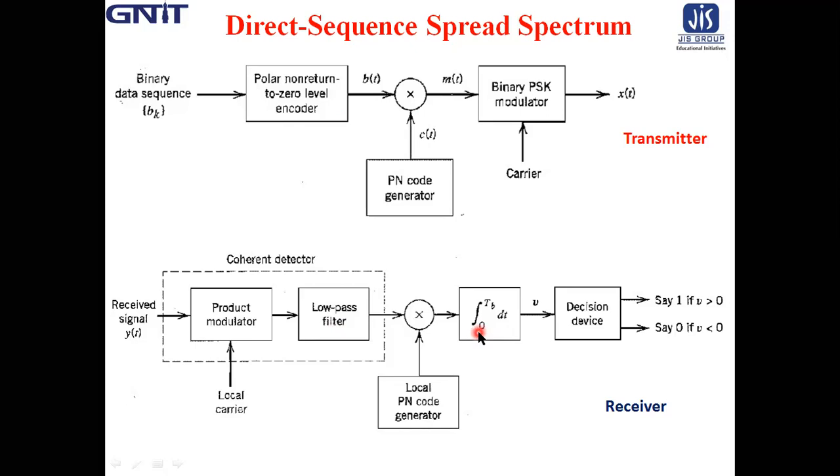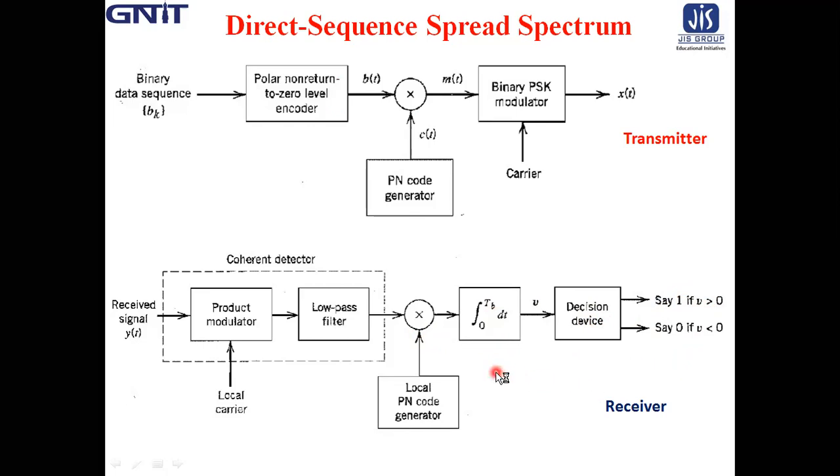The second stage of demodulation performs spectrum dispreading by multiplying the output of the low pass filter by a locally generated replica of the PN signal, say c(t), followed by integration over a bit interval 0 to T_b, and finally a decision device is present, where a threshold is given, and the output is 1 if the threshold is exceeded, otherwise it is 0.